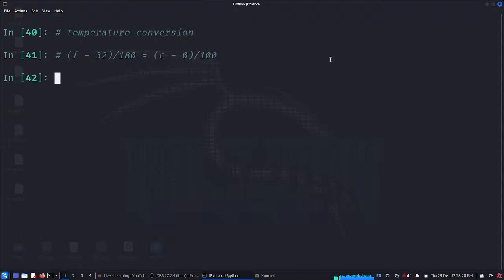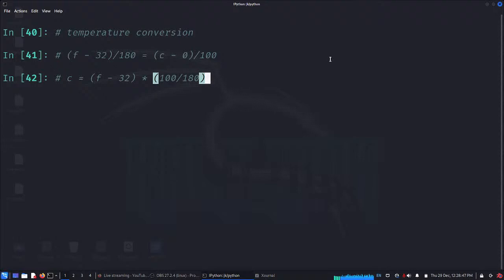If you want to convert from Fahrenheit to Celsius, I would rearrange that and say C equals (F - 32) times 100 by 180.